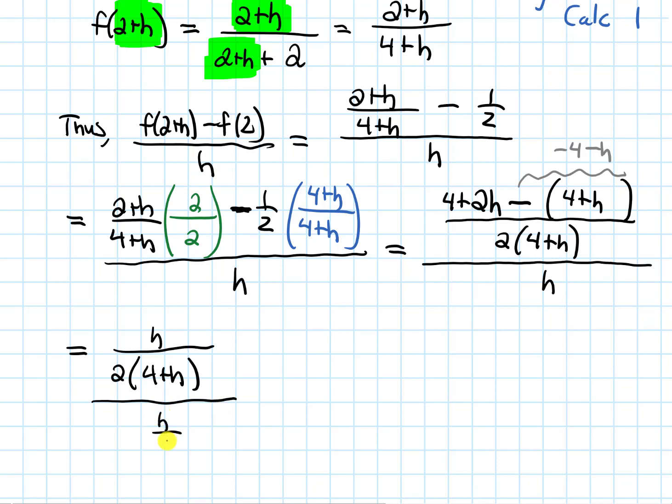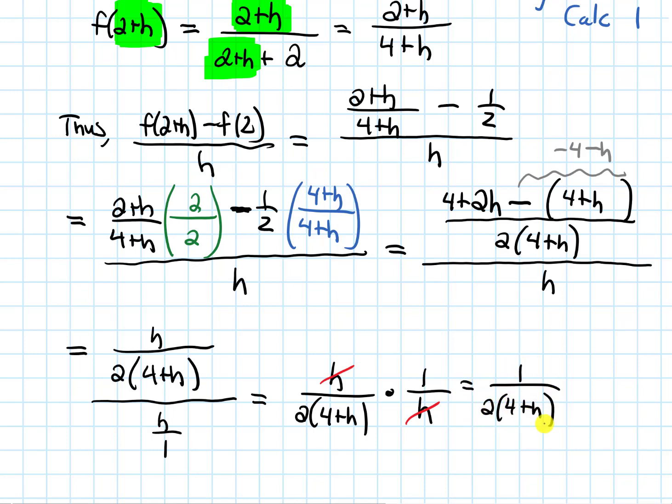That's the same as h over 1. Because now when I divide by a fraction, so I still have h divided by 2 times 4 plus h. When I divide by this fraction h over 1, that's the same thing as multiplying by the reciprocal, 1 over h. So now this is nice. I can cancel the h's, and I end up with 1 over 2 times 4 plus h.